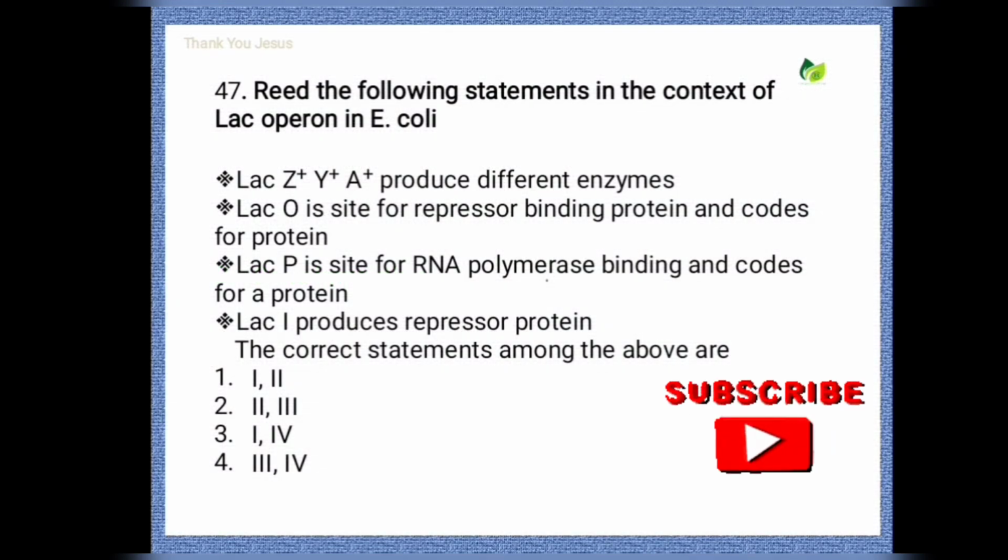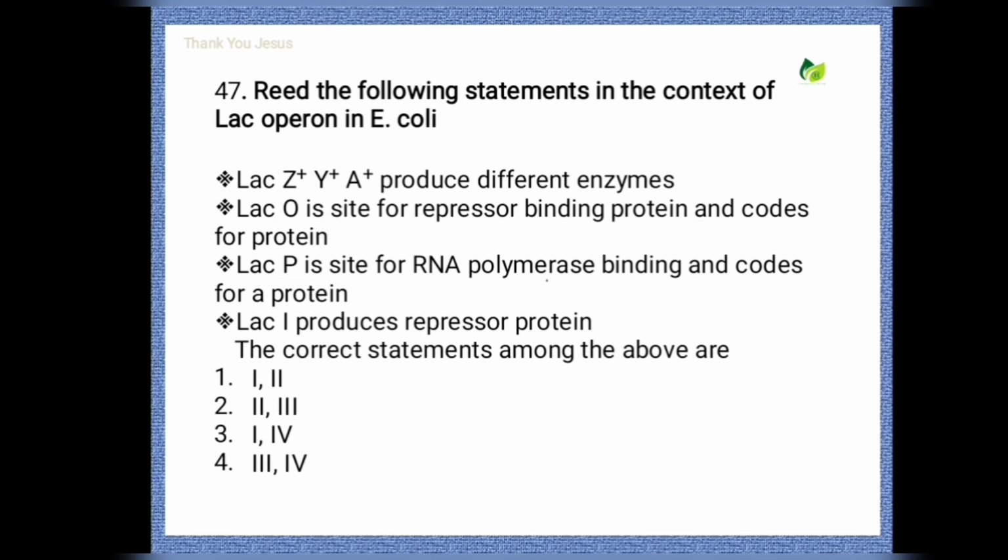Next question. Read the following statements in the context of lac operon in E. coli. First, lac Z, lac Y, lac A produce different enzymes. Second, lac O is the site for repressor binding protein and codes for a protein. Third, lac P is the site for RNA polymerase binding and codes for a protein.